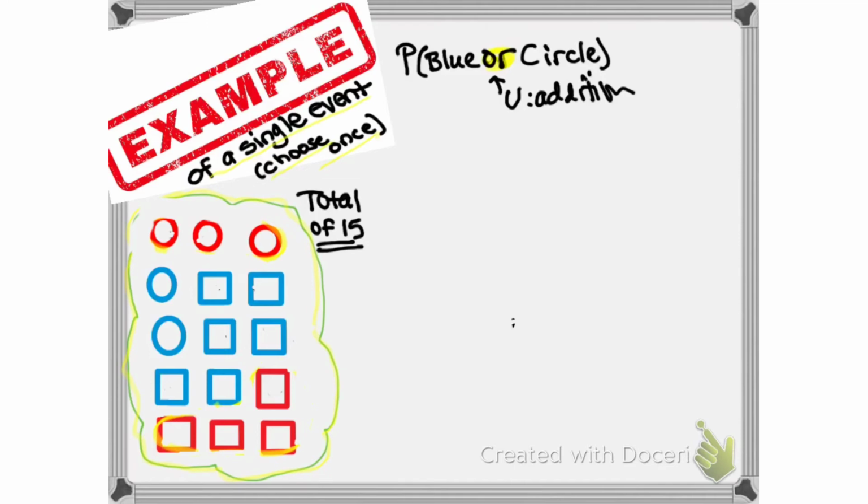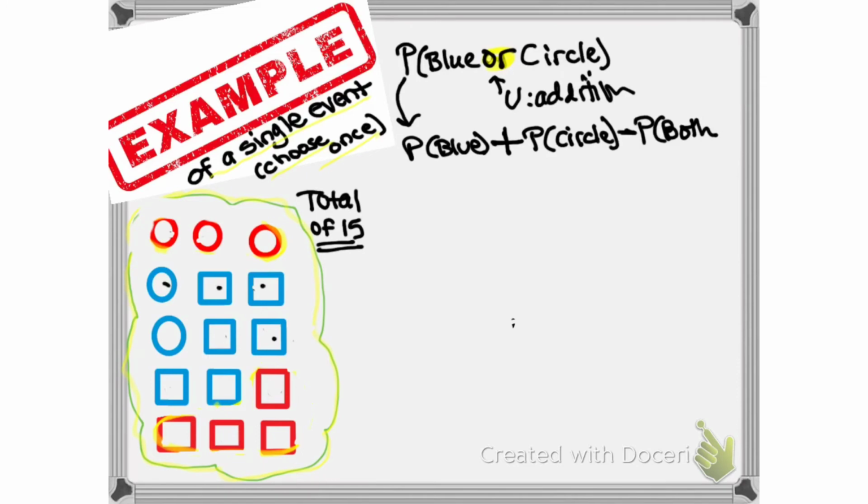So I'm going to try this again. This is going to be, just so you know, the probability of blue plus, I told you addition, the probability of circle, minus whatever is the probability of both. So go through it. Probability of blue, that's 1, 2, 3, 4, 5, 6, 7, 8: 8 out of 15.